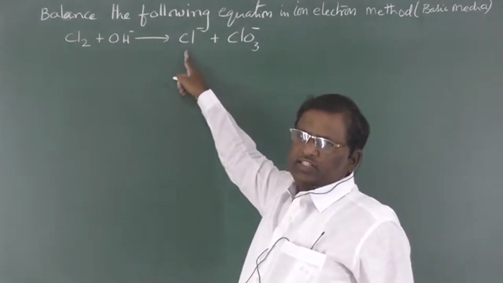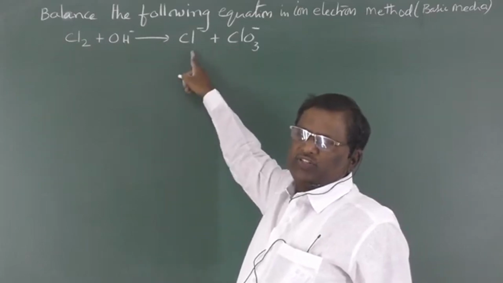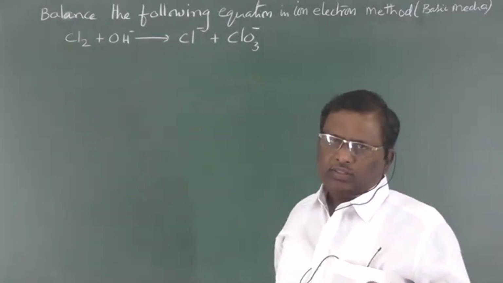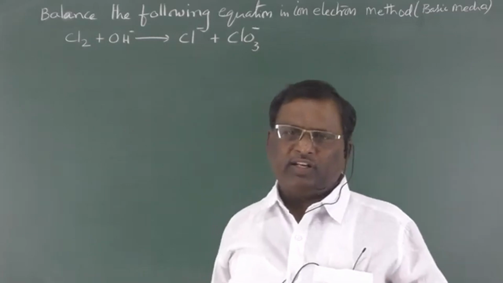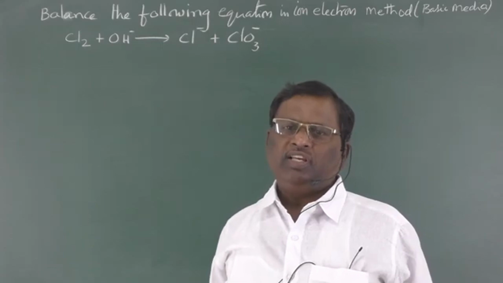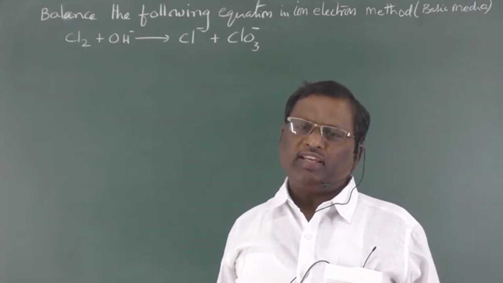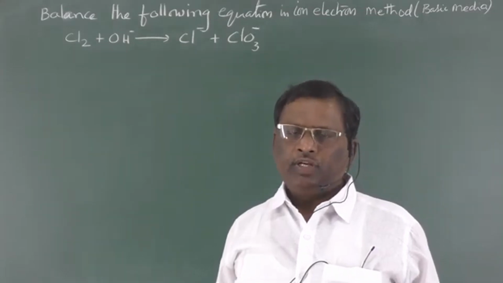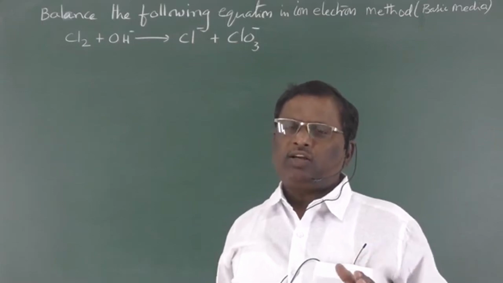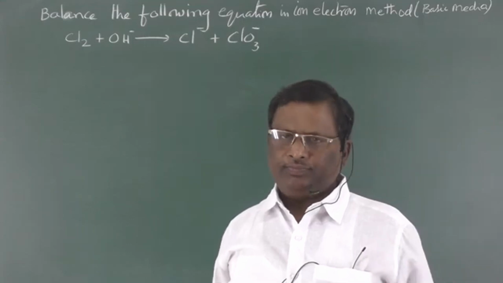This type of reaction, where the same element is oxidized as well as reduced in the same reaction, that means some atoms of that element are oxidized and some atoms are reduced in the same reaction, such reactions are said to be disproportionation chemical reactions. Here chlorine is oxidized as chlorate and reduced as chloride.